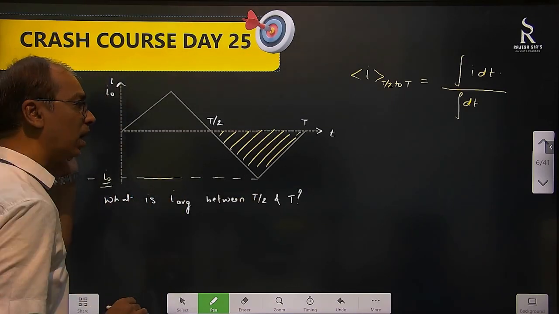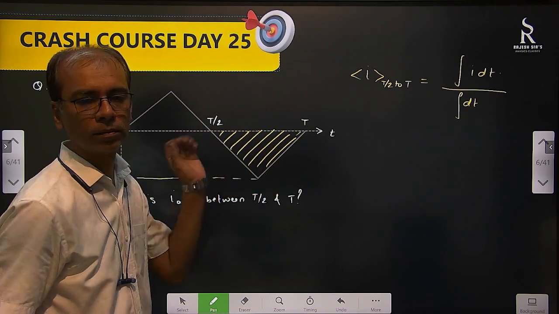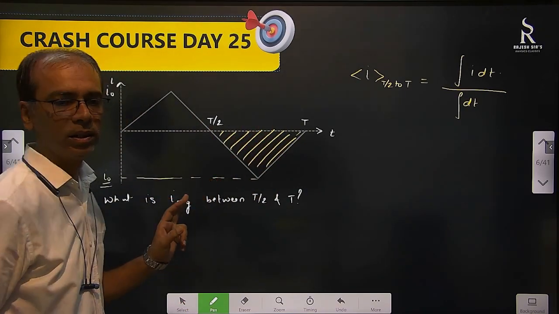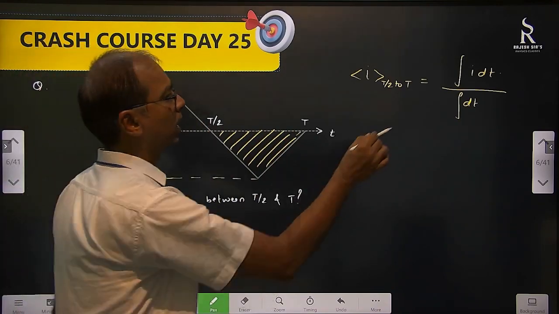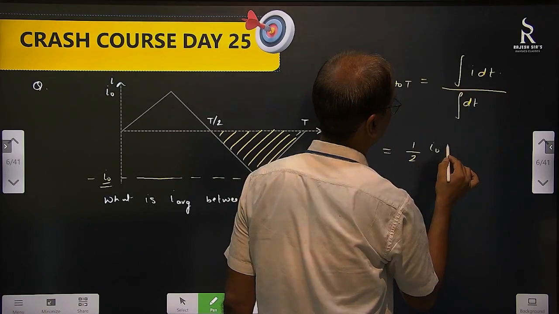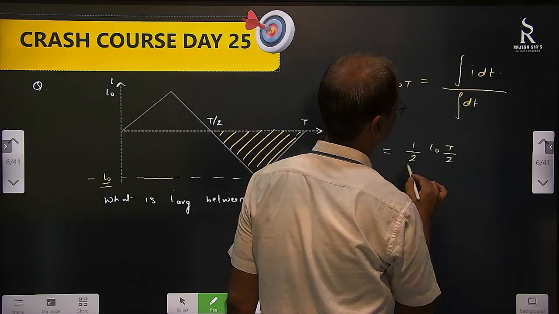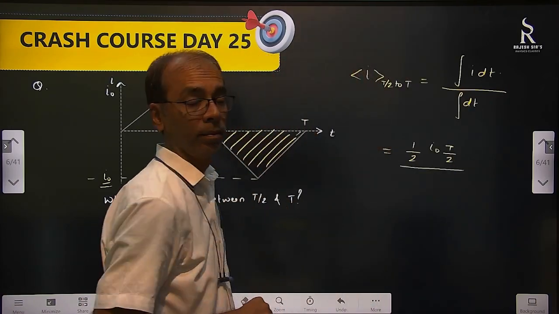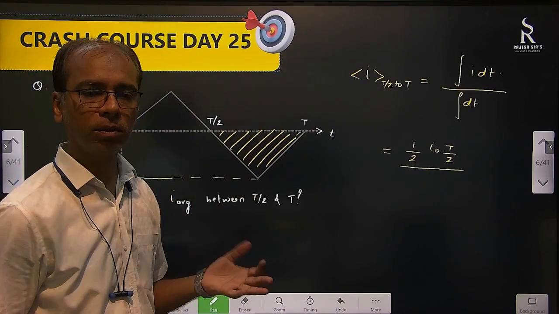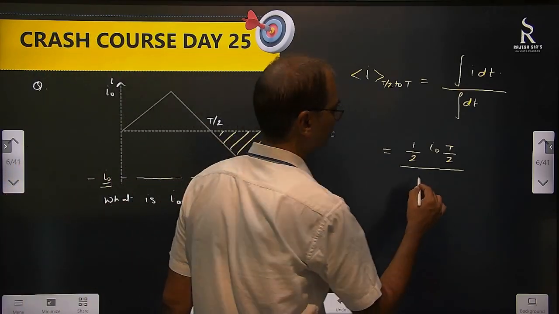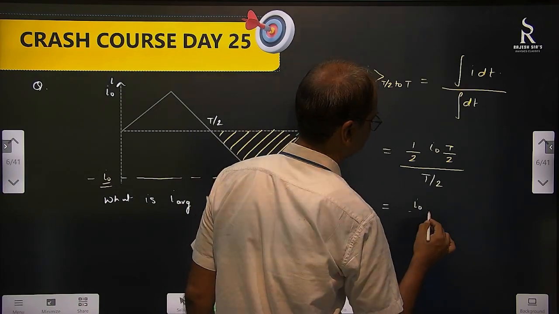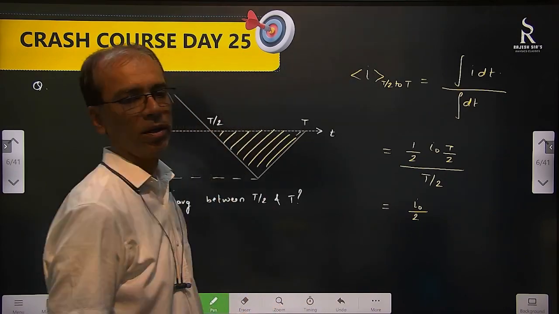So what is area? Half base into height. Base is T by 2 and height is I naught. So this I dt's value we have already, 1 by 2 I naught into T by 2, divided by time. How much interval? T by 2 to T, that means T by 2 only. So answer is I naught by 2.